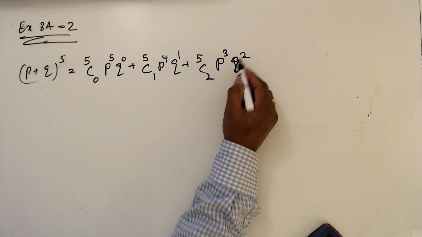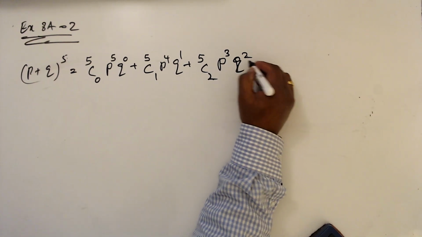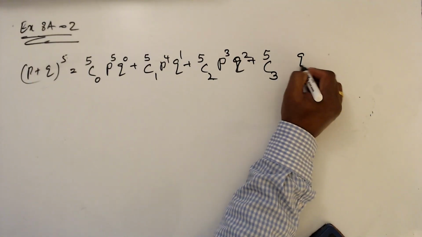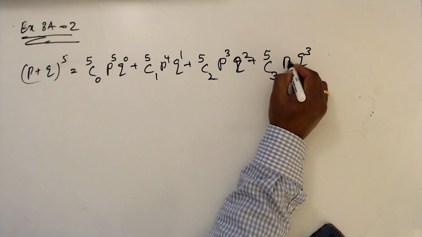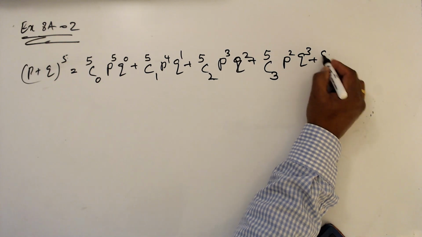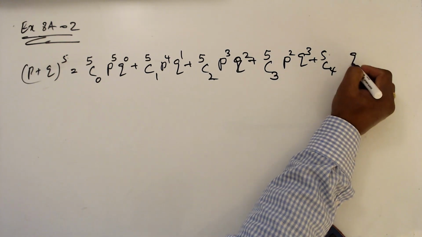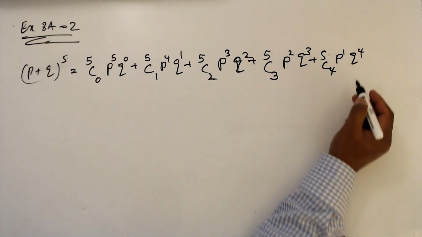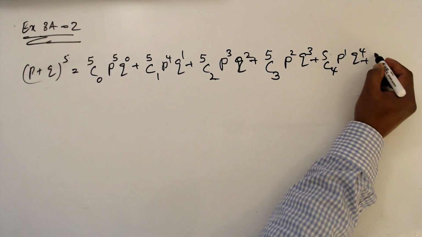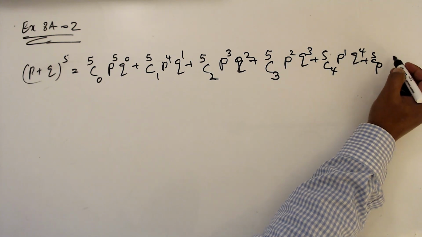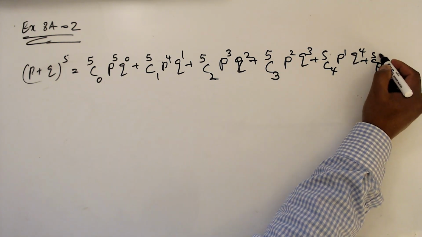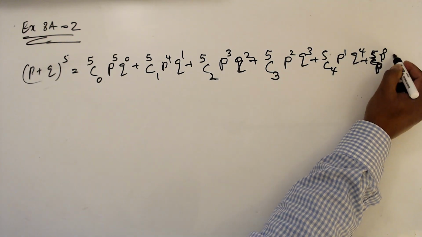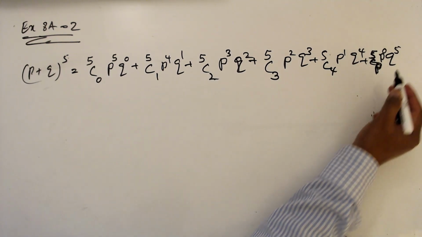And you see this one is matched with this one and the addition is 5. 5C3 p^2 q^3, 5C4 p^1 q^4, and 5C5 p^0 q^5.